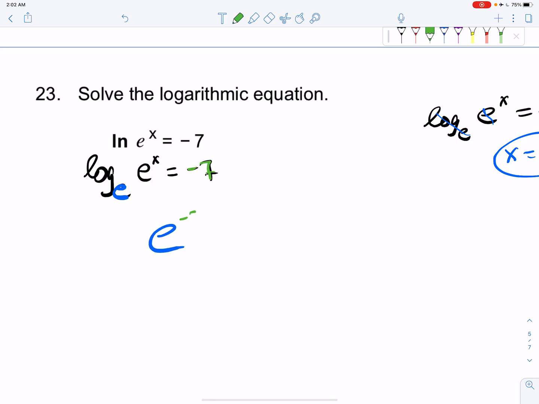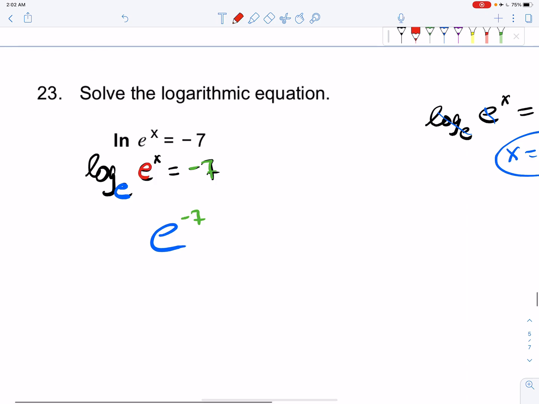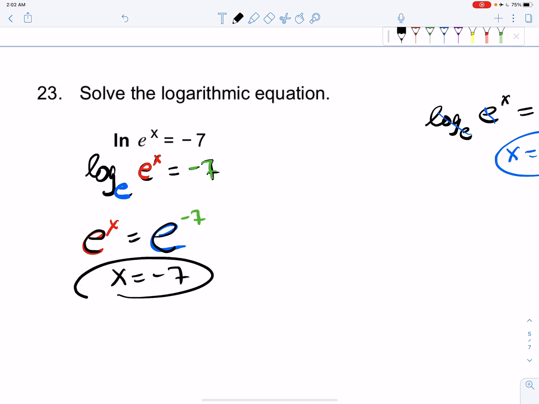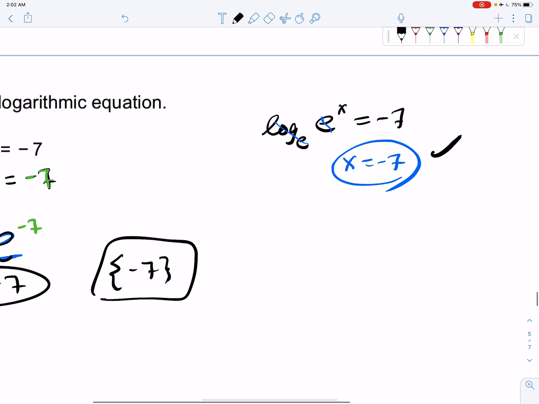Negative 7. And that whole thing equals the argument, e to the x. Wait a minute, aren't the bases the same? If the bases are the same, the exponents are equal, and we get our answer, negative 7, which is the same answer I got over here, but a whole lot faster.